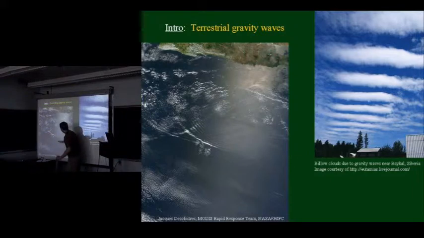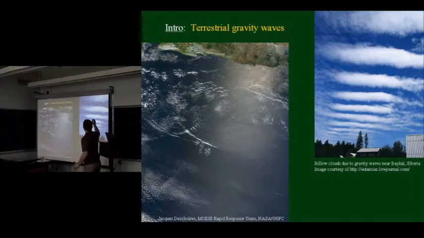And so they're imprinting both on the water surface below and on the cloud deck above. From the ground, what you might see is something like this. This is a photograph taken in Siberia. And here again, the gravity wave that's causing this pattern on the clouds has a wavelength of about 10 kilometers or so.